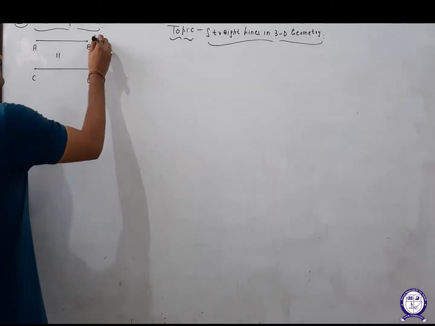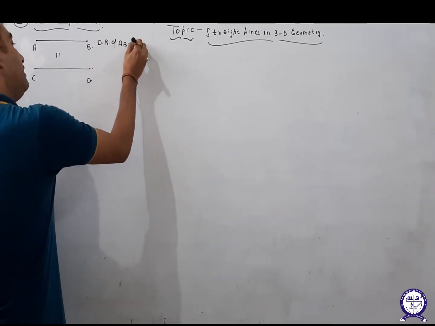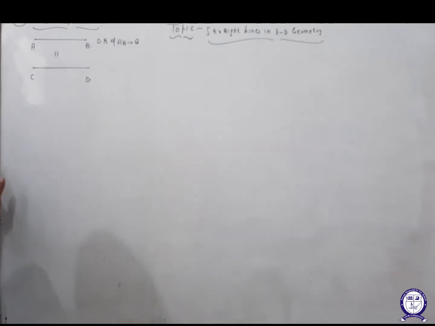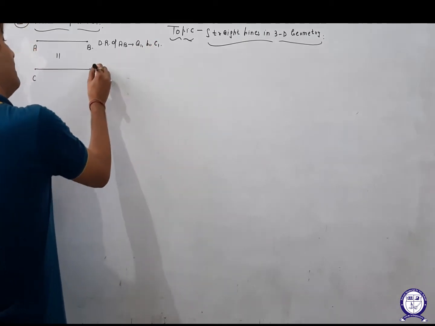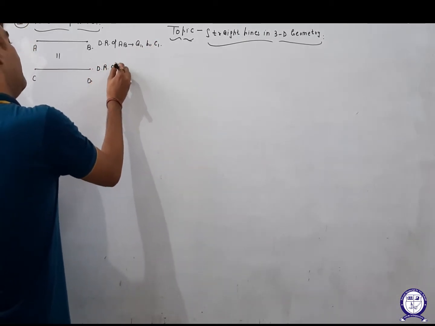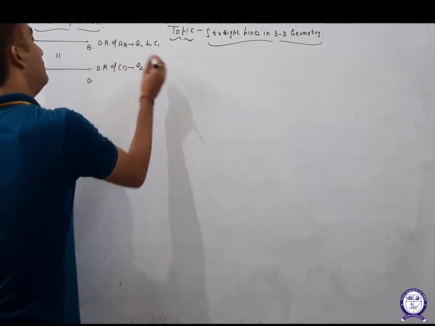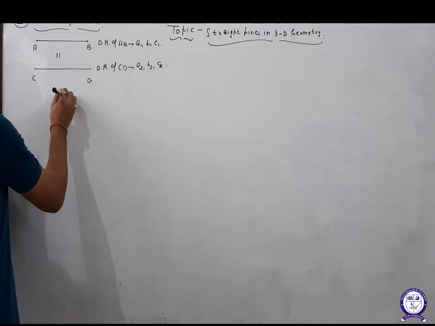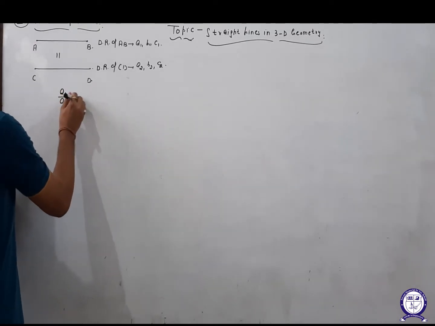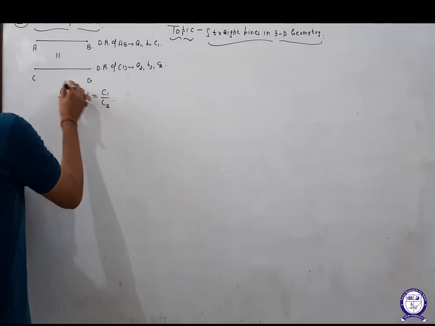DR of first line, DR, as you know, represented by small a, small b and small c: A1, B1, C1. DR of second line, A2, B2, C2. If lines are parallel, then it will satisfy the condition A1 by A2 is equal to B1 by B2 is equal to C1 by C2.